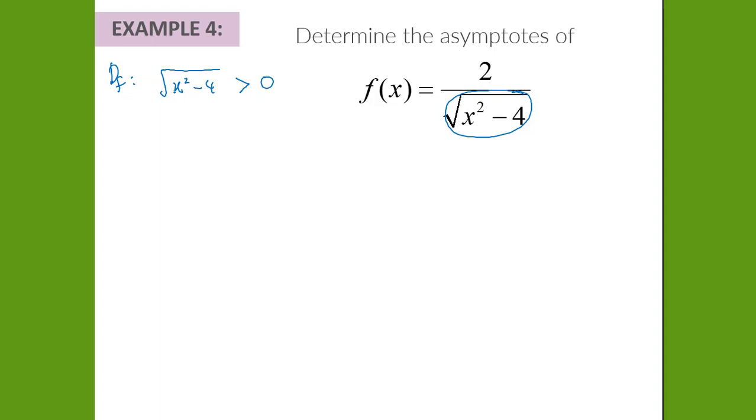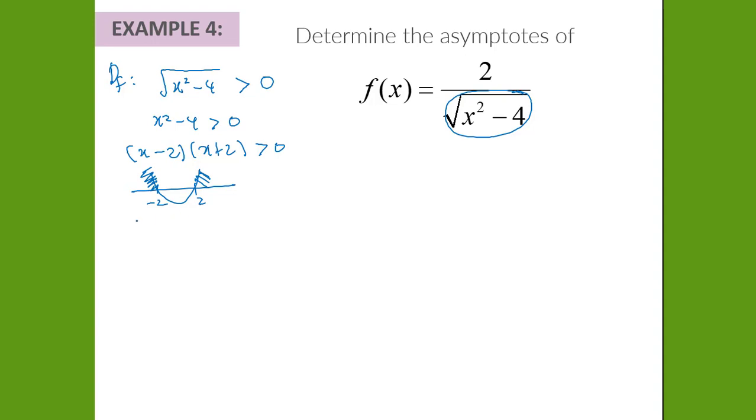Then next, factorize. This one is x squared minus 4 more than 0, so x minus 2 times x plus 2 more than 0. Quadratic, smiling graph. This one is negative 2, 2. This region.